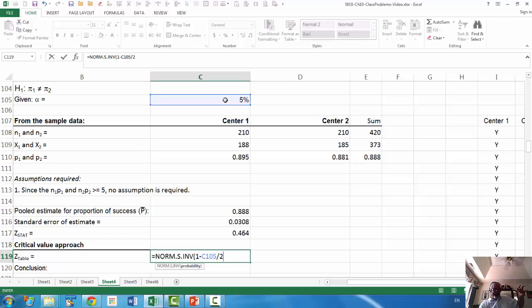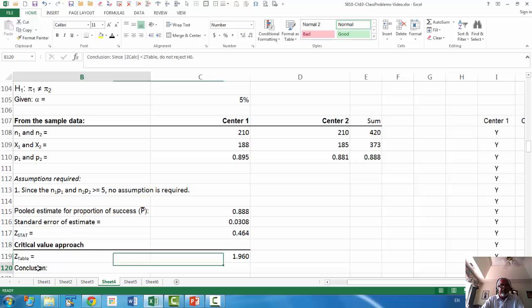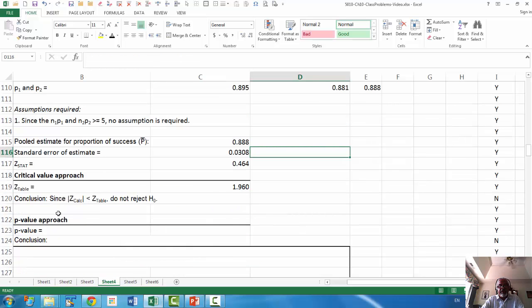Alpha over 2 is the upper tail area, 1 minus that is the cumulative probability corresponding with that tail area. So that gives us the z table value, and the conclusion is do not reject because the absolute value of the z stat is less than the upper z value. So this is a two-tailed test. So we need to look at the absolute value of the z calc.